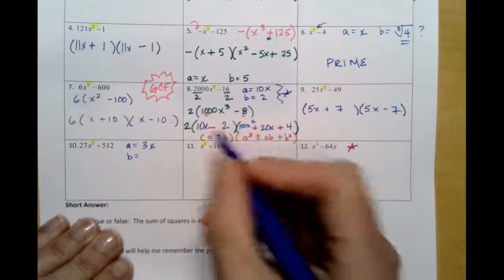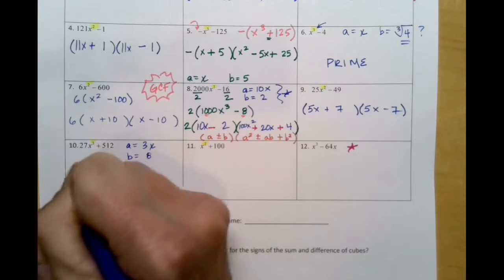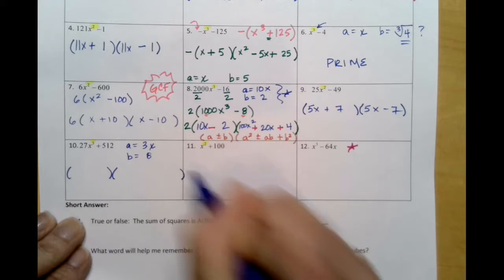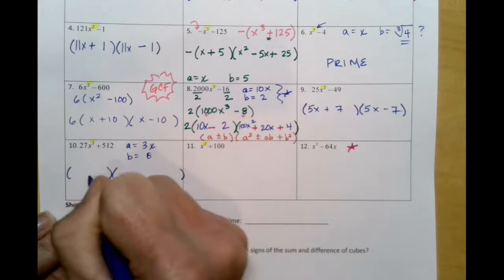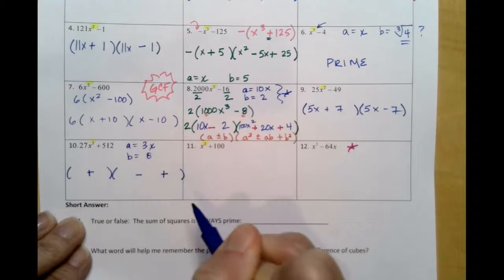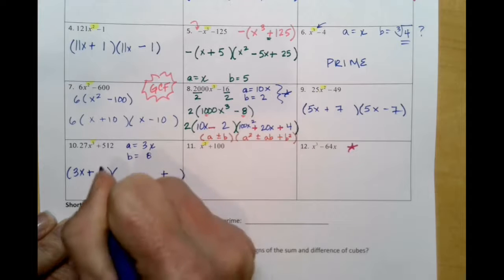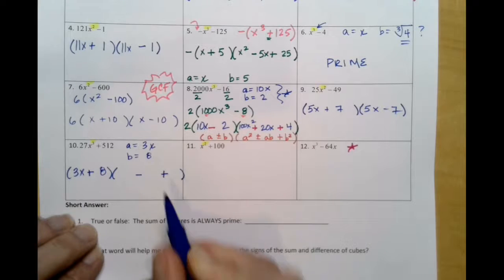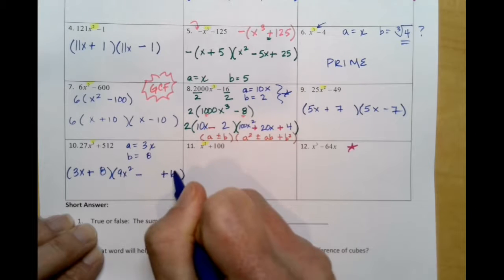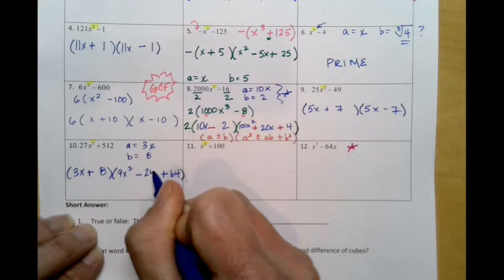So 512 is going to be 8 cubed. So I'll set up again my binomial, my trinomial pattern. Same sign, opposite sign, always positive. So I have 3x for my A and 8 for my B. A squared is 9x squared, B squared, 64, and A times B, 24x.